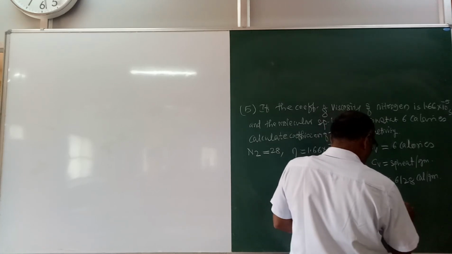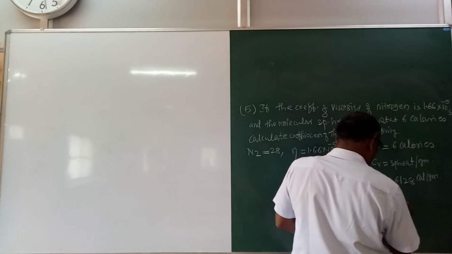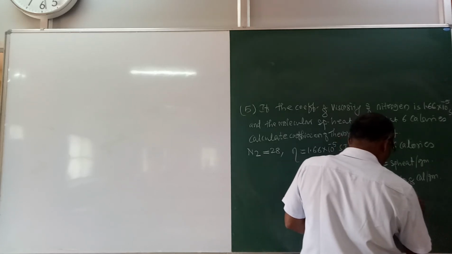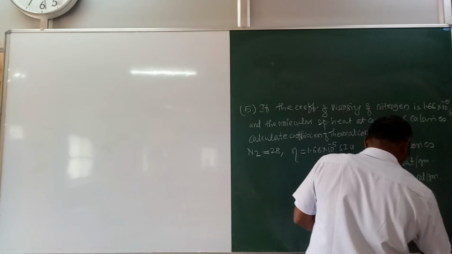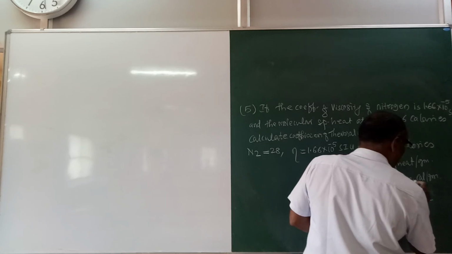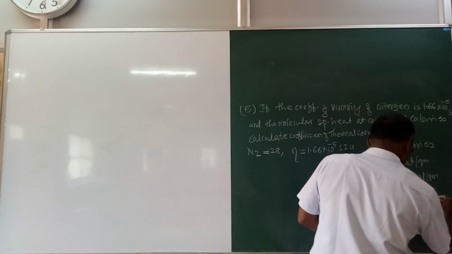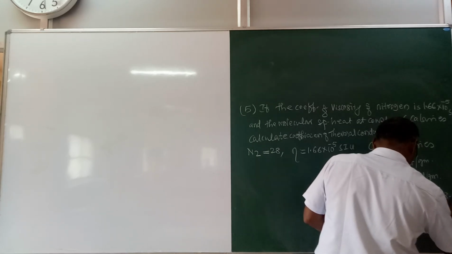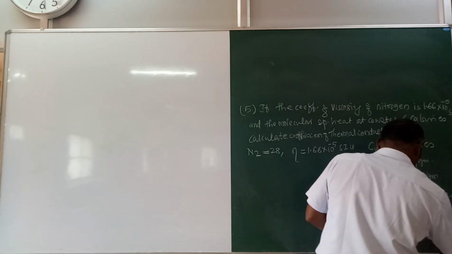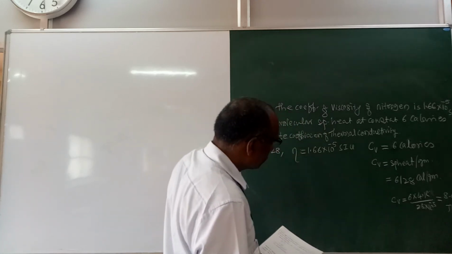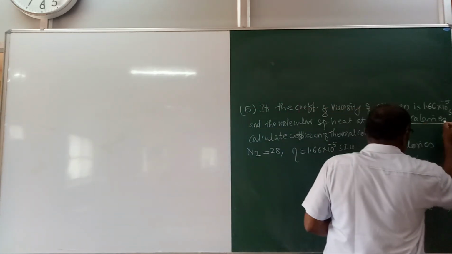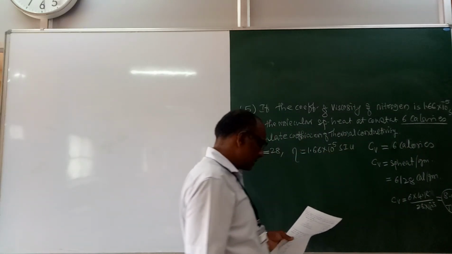If you convert this into kg, CV is equal to 6 into the conversion factor 4.18 divided by 28, in kgs, this will be 8.95 joules per kg per Kelvin.